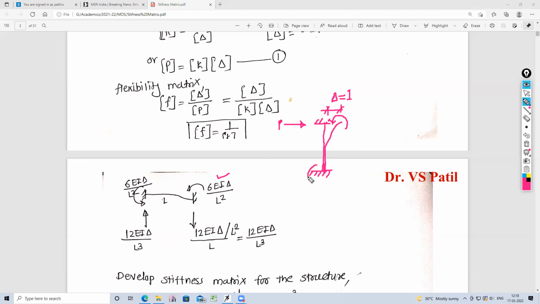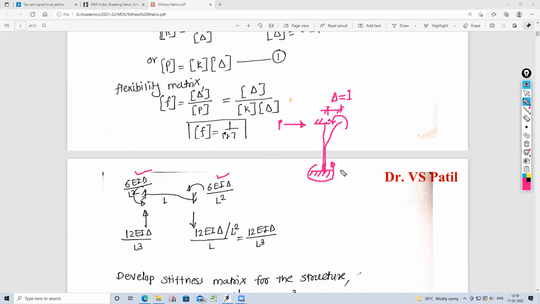Therefore at the other end also an anti-clockwise moment will develop, equal to 6 EI delta upon L square. So an anti-clockwise sinking moment is developed at the support.